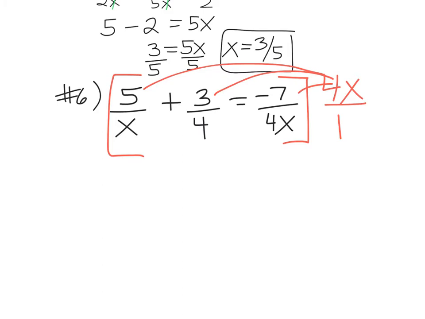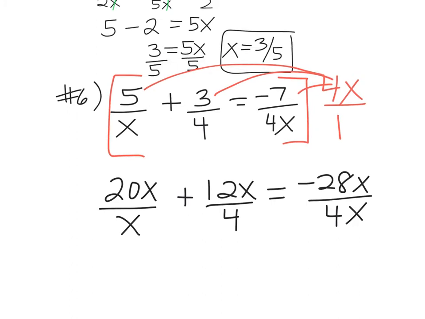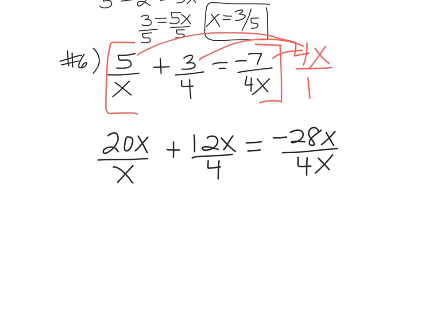I get 5 times 4x is 20x over x plus 4x times 3 is 12x over 4 equals negative 7 times 4x, negative 28x over 4x. Is everyone okay with that step? Yeah. Okay, all the numerators, not the denominators, but all the numerators get that.